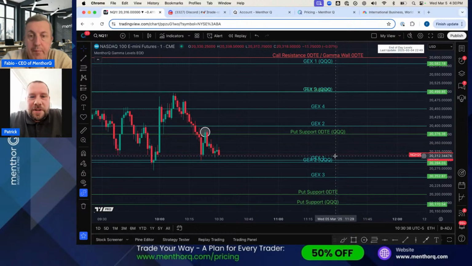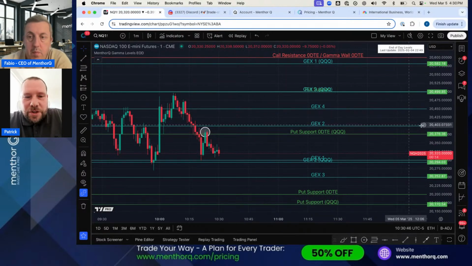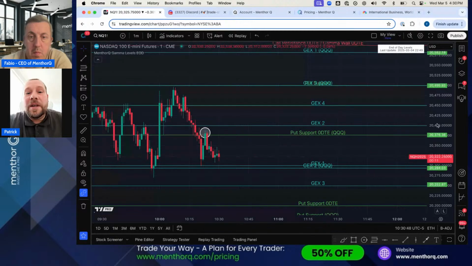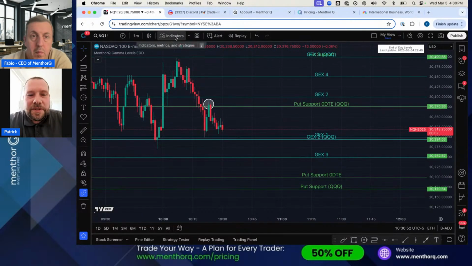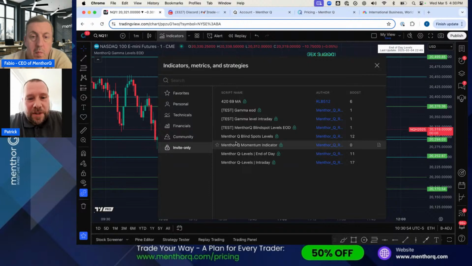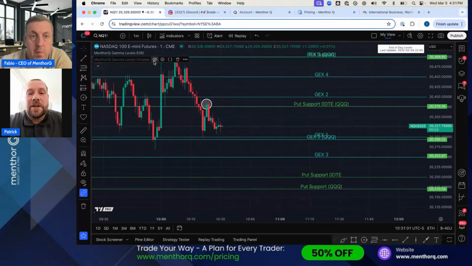So for me, I see no reason to change my system. If your system is working well, there's no reason to change it. But there's one single reason when I'm using intraday levels, and this is when we're getting big price moves. What do I mean with big price moves? Everyone knows the carry trade last year.